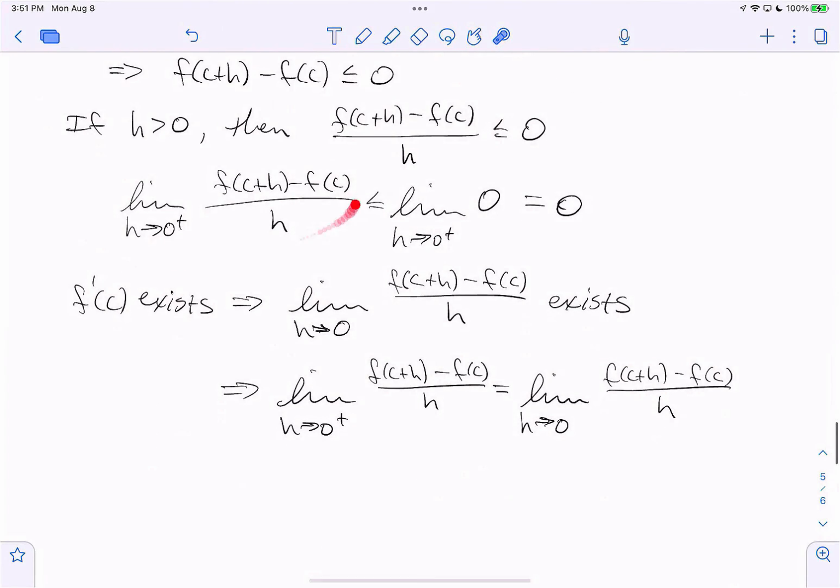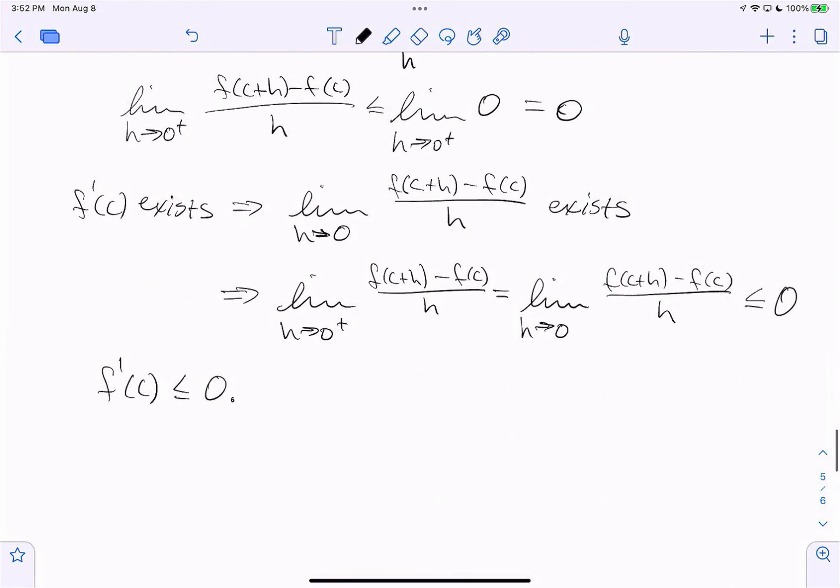And since the right-sided limit is less than or equal to 0, I should have said, 0. And so f prime of c is less than or equal to 0.